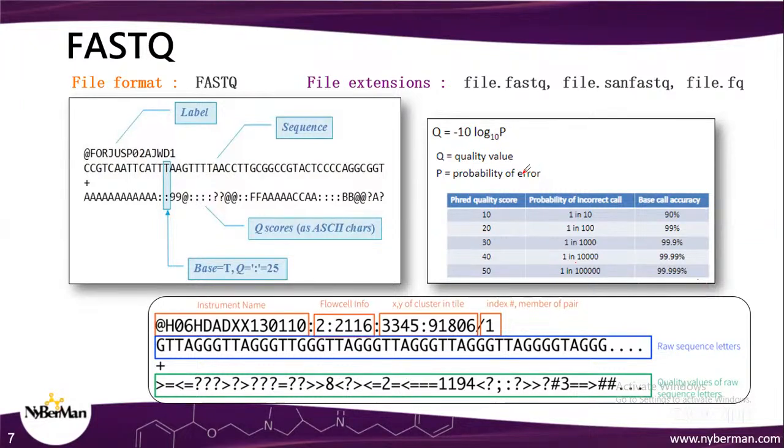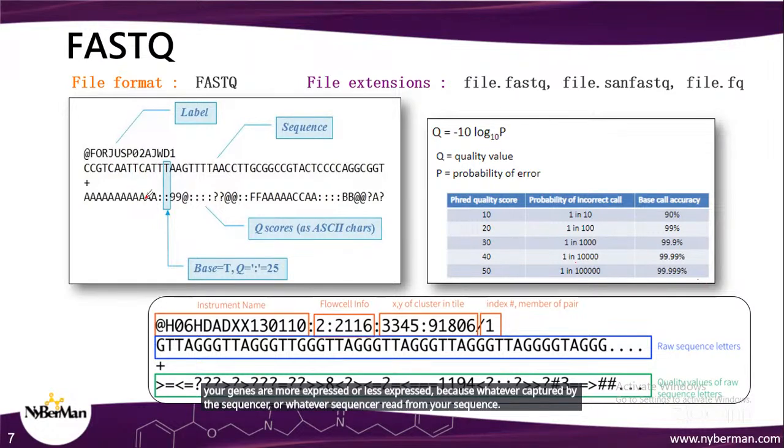So what is the probability of error if the sequence that is captured is captured wrongly or misinterpreted by the sequencer? Accordingly, for each nucleotide captured by the sequencer, the scores will be assigned, and these scores will decide whether your genes are more expressed or less expressed, because whatever the sequencer reads from your sequence, or the quality read by the sequencer, will decide your final gene expression.